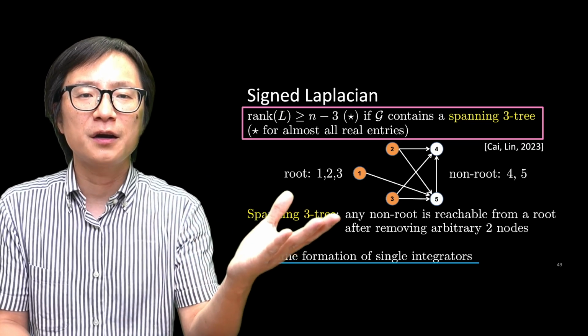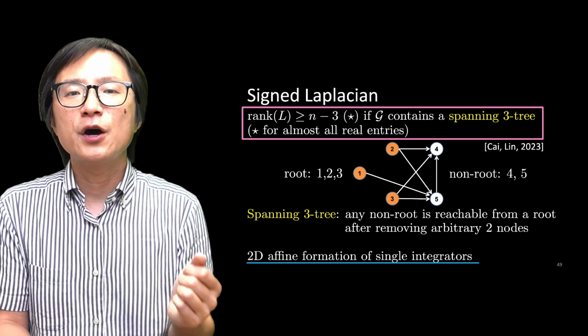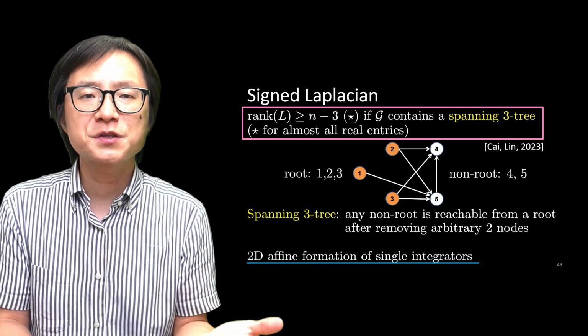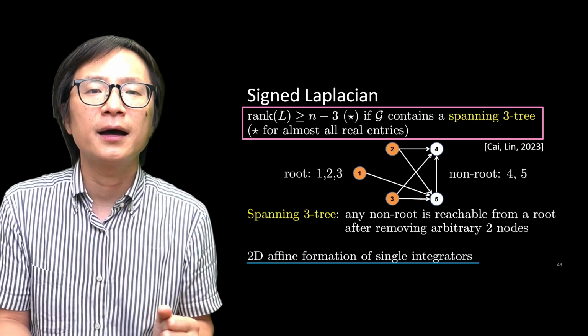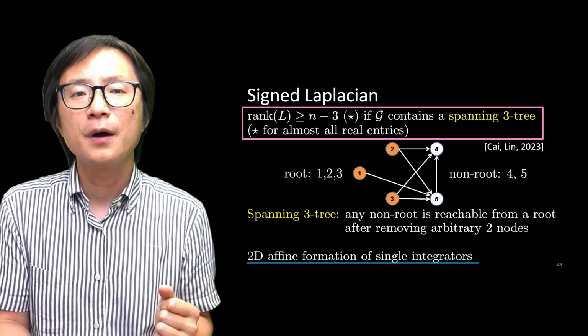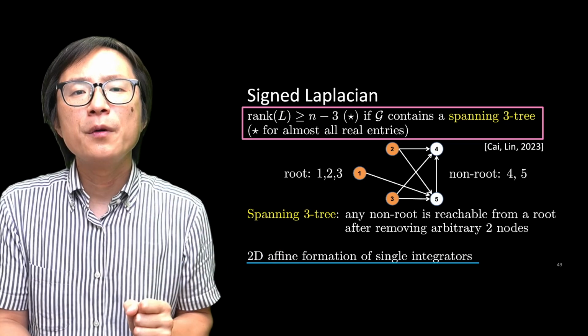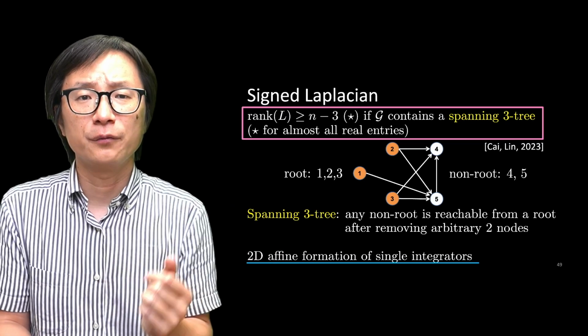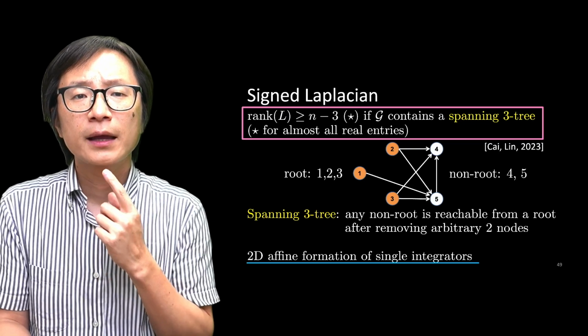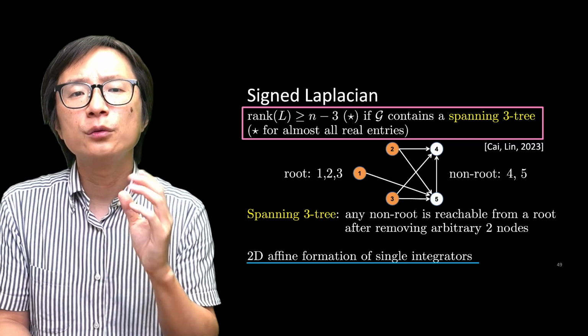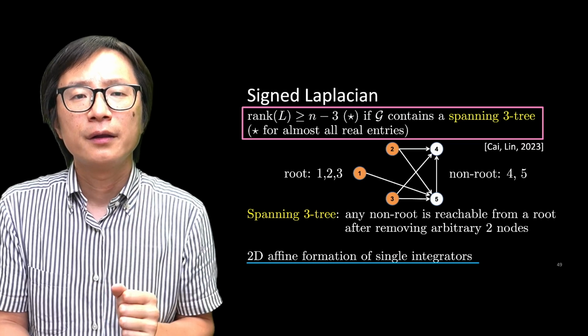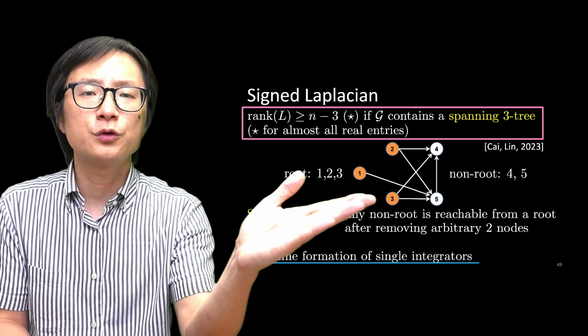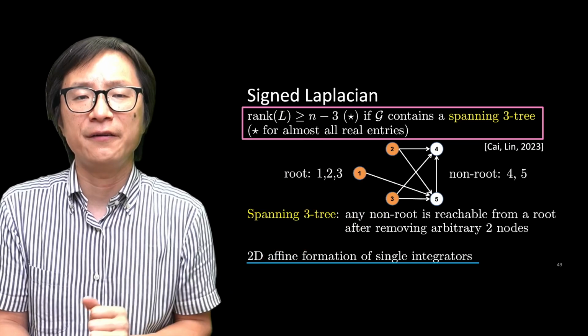For example, here in this graph, we have nodes 1, 2, 3 as the 3 roots, and let's take node 4 as an example. Let's say we remove nodes 1 and 2. 4 can still be reached from root 3, obviously. Let's say if we take out 2 and 3, then 4 can still be reached from root 1 via node 5.